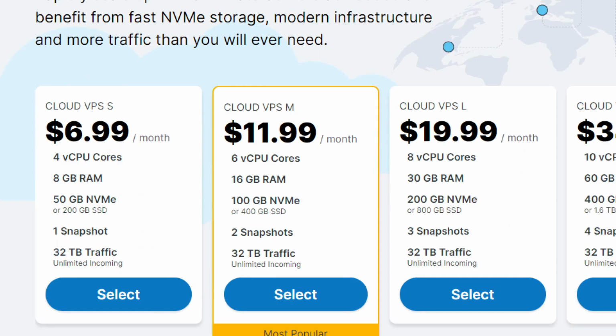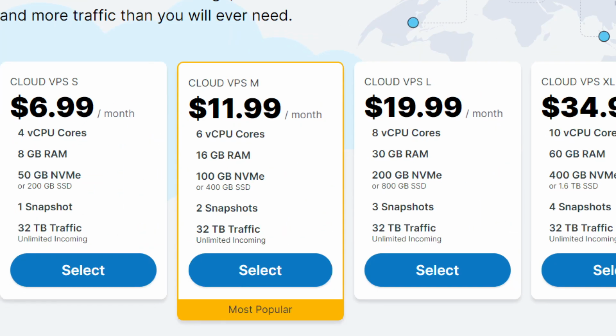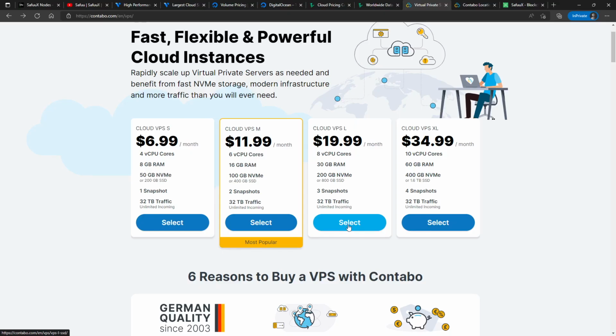Does that make it easier? Maybe. That meets our requirement, but this doesn't with the 200 gig. Neither does the 400 gig here, so we have to go up to this 800 gig option to give us that 500 gig SSD volume as per the white paper.